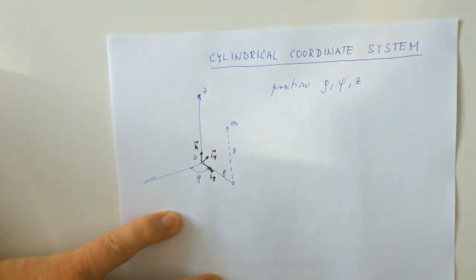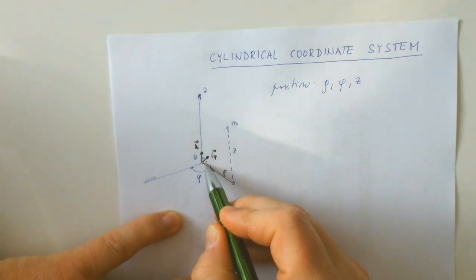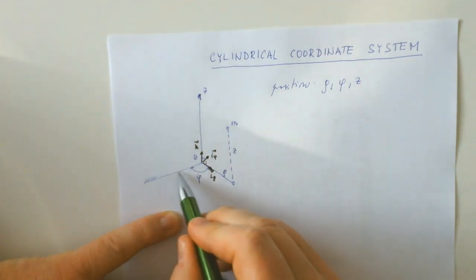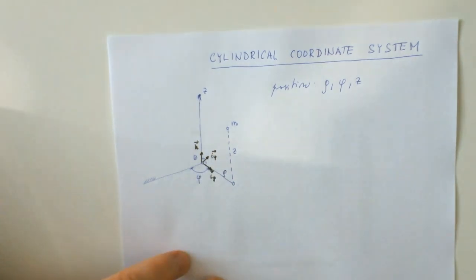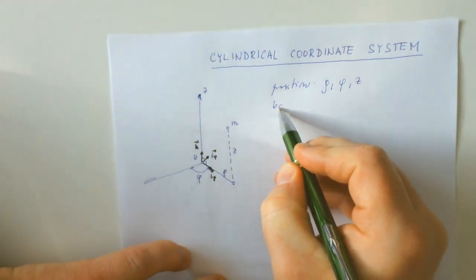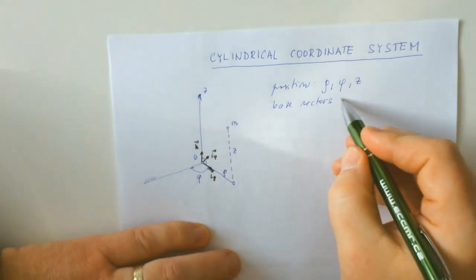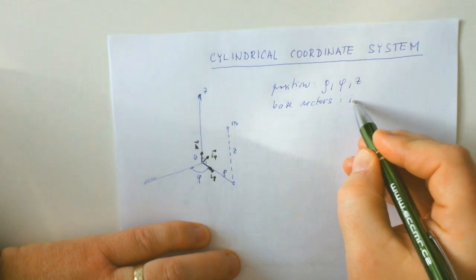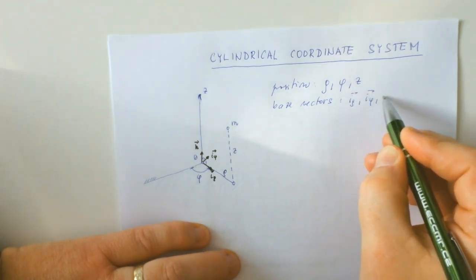This last vector is perpendicular to both and doesn't follow this line. Okay, it's a different line. So we can write the base vectors: I rho, I phi and k.